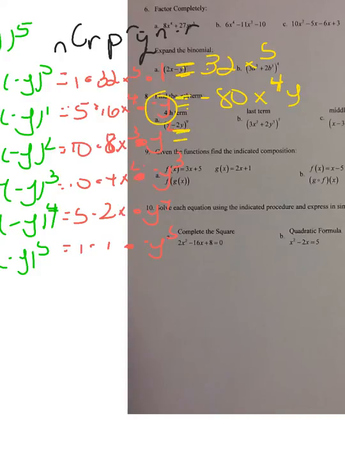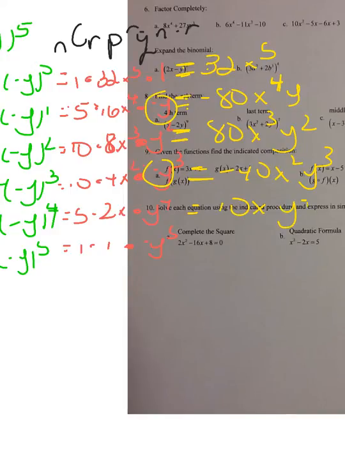And then I have 80x to the third y squared. And then I have 40 times the negative y, so it's negative 40x squared y to the third. And then 5 times 2 is 10xy to the fourth, and negative y to the fifth power.